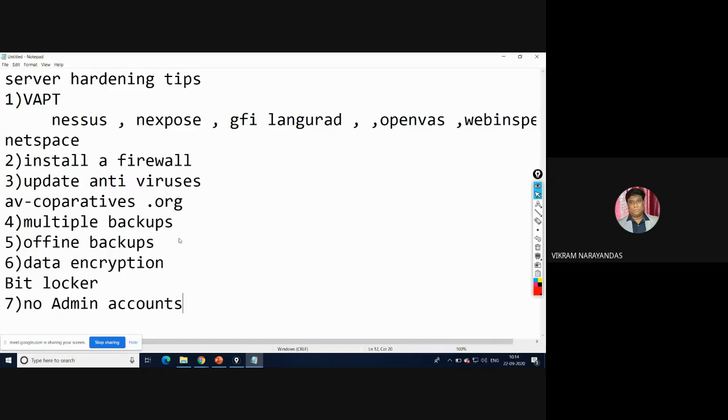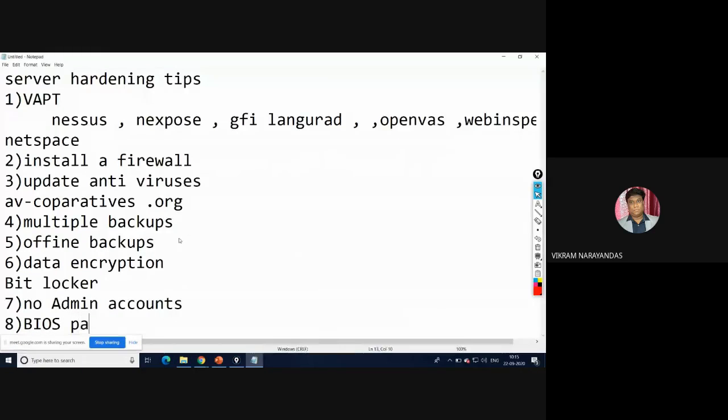Even for known people, give them only guest accounts or user accounts. Because if you give admin accounts, they can do any nonsense activities here.